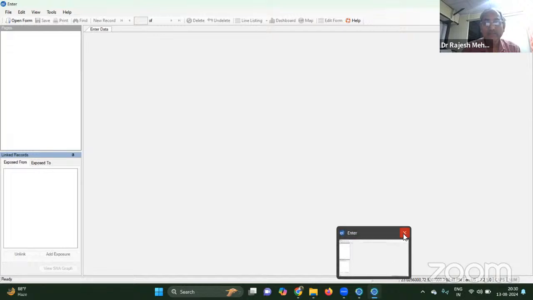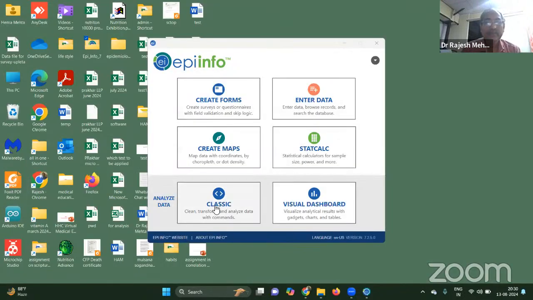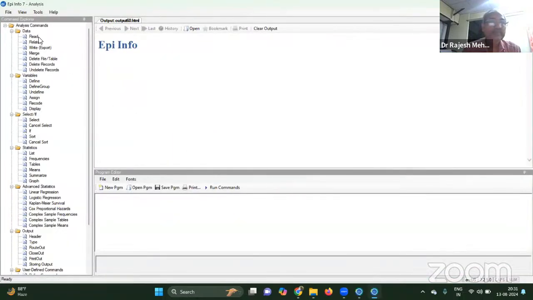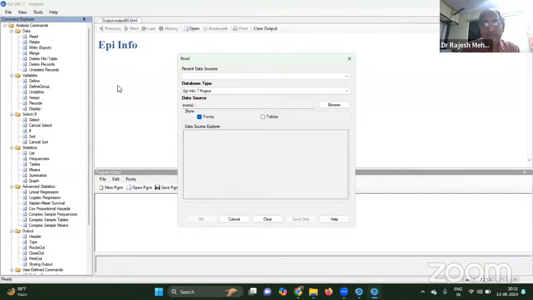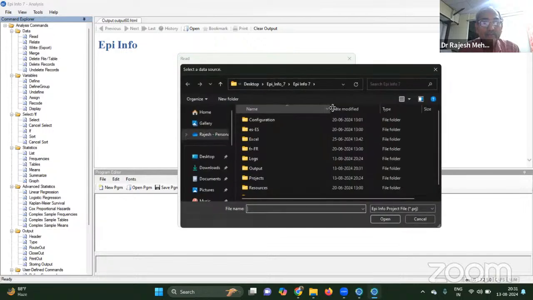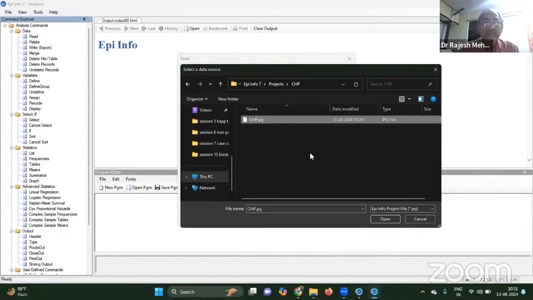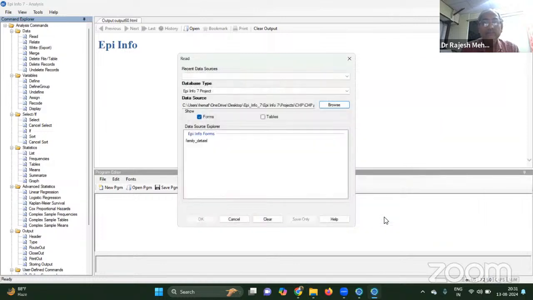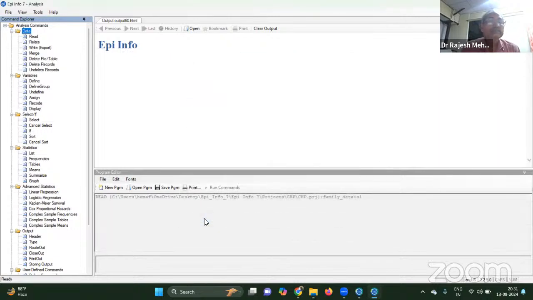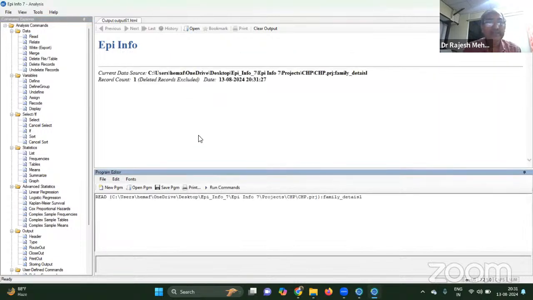And now we created a form, we enter the data, and then we can do the analysis in that. So read file. So it has read the file.